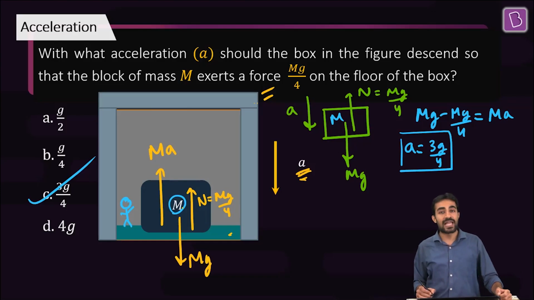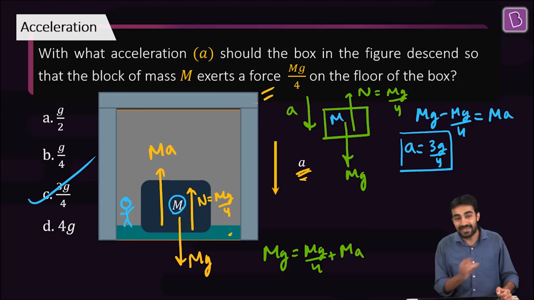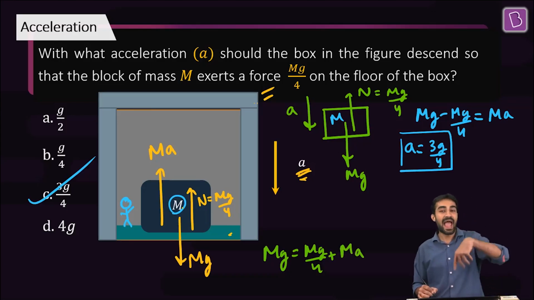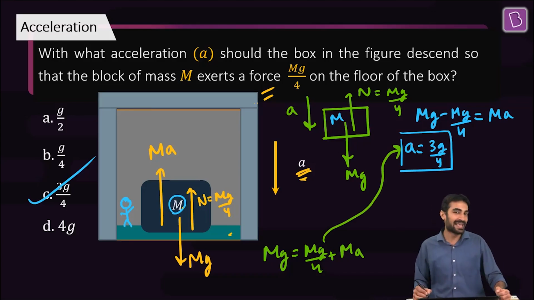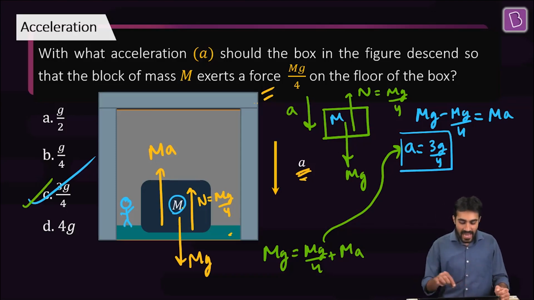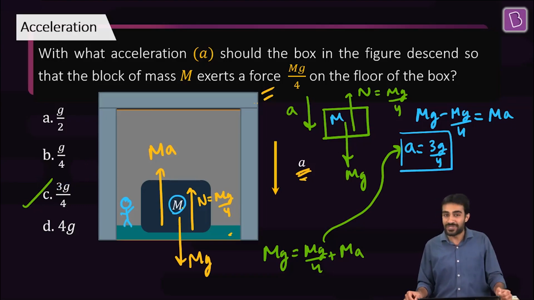The equation goes like this: mg is equal to mg by 4 plus ma. Can you see it? Yes. And this equation also gives us the same acceleration. So, option C will be the right answer for our question.